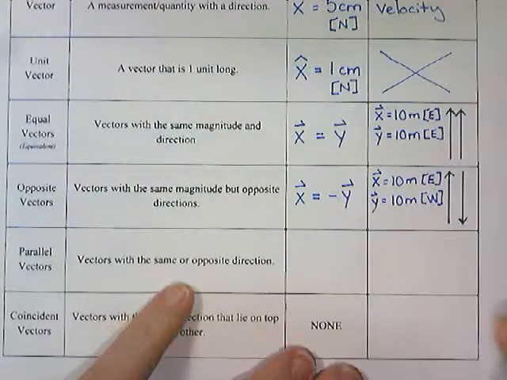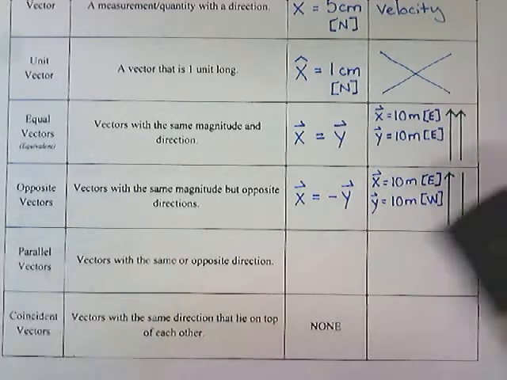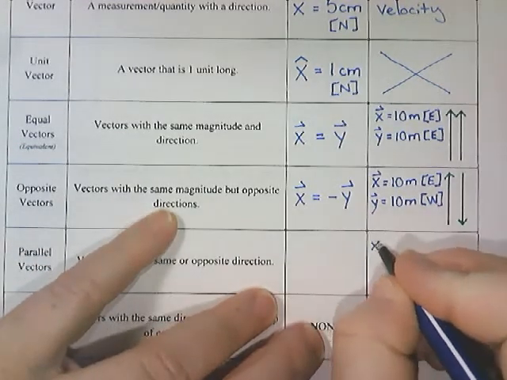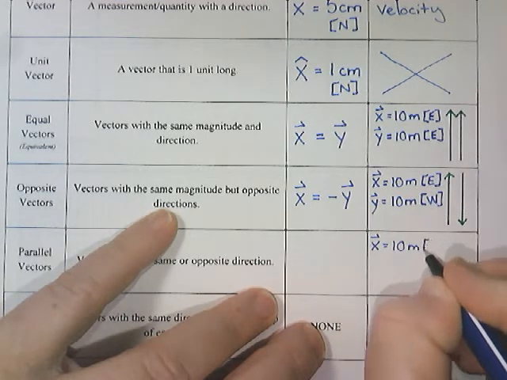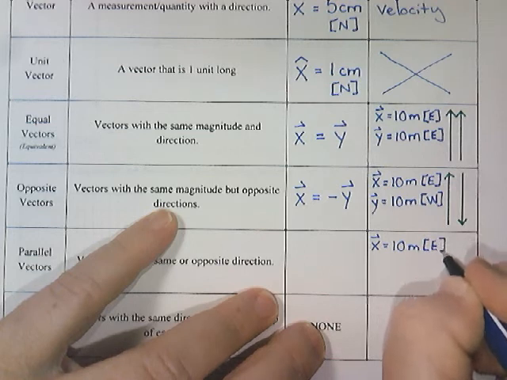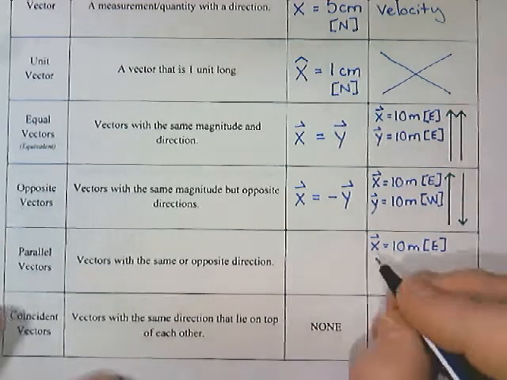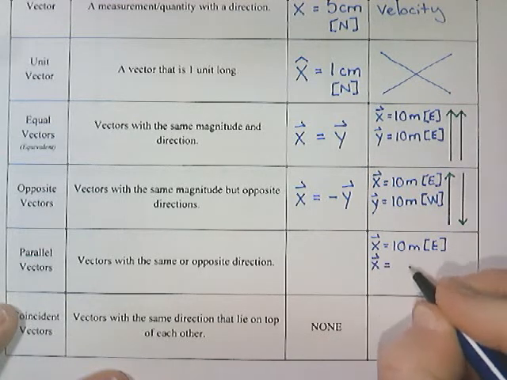So if I were to draw, is what I think I'm going to do here. Actually, we'll do an example first. So let's say vector x is 10 meters east. A parallel vector to that would be something maybe 5 meters east, or 7 meters east, or 200 meters east.